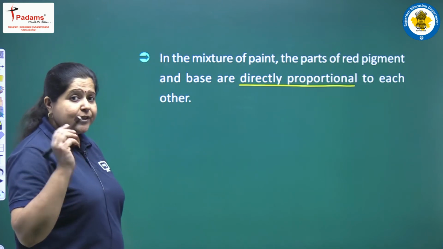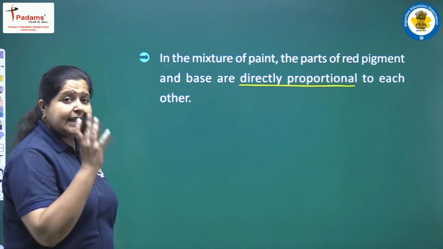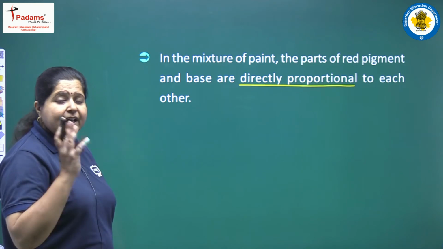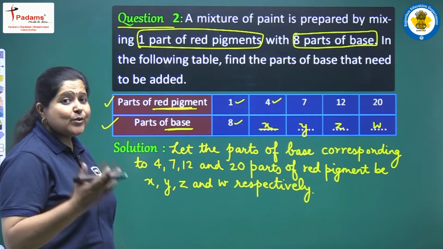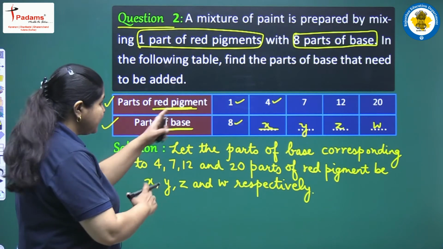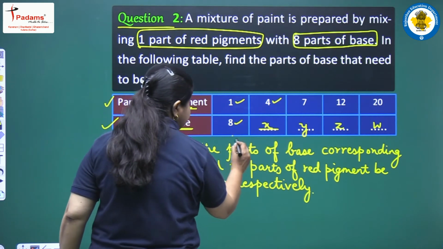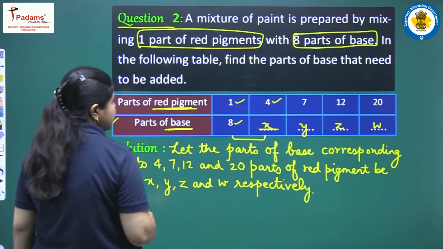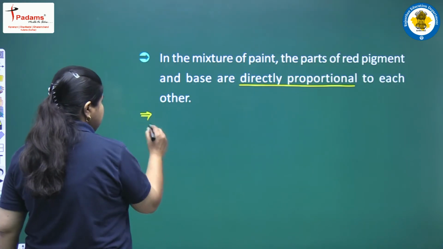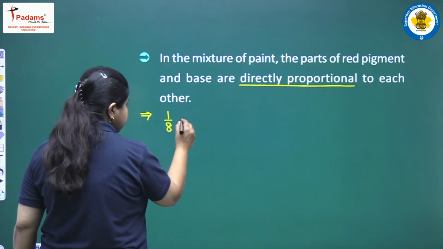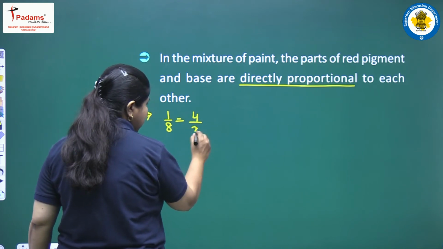This is important. और जैसे ही हम ये बात लिखते हैं कि ये डायरेक्टली प्रोपोर्शनल हैं, हमें इनकी अलग अलग वैल्यूज़ के रेशियोज़ इक्वल मिल जाएंगे. And so first we will equate these two ratios. So here we write, this implies 1/8 is equal to 4/x.